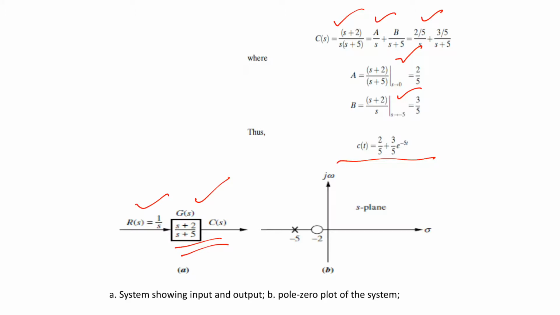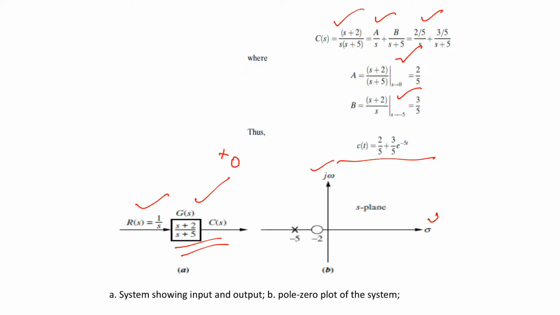It has the real axis and the imaginary axis, that is sigma plus j omega. Now the pole can be represented by a cross and the zero can be represented by a circle.